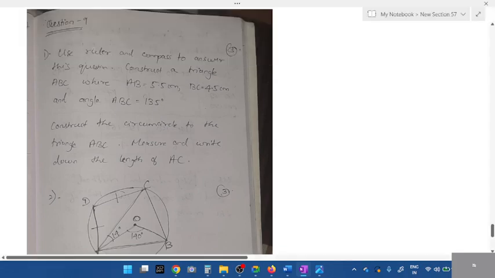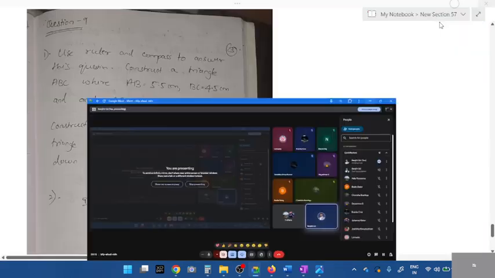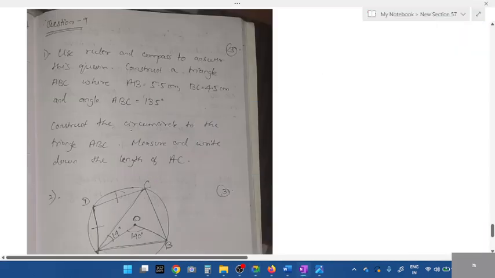Sorry, ninth main first. I accept the fifth main and ninth main are tough. Okay, all good questions. Next, what do you need to construct here? We need to construct a circumcircle. What is the base you all took?